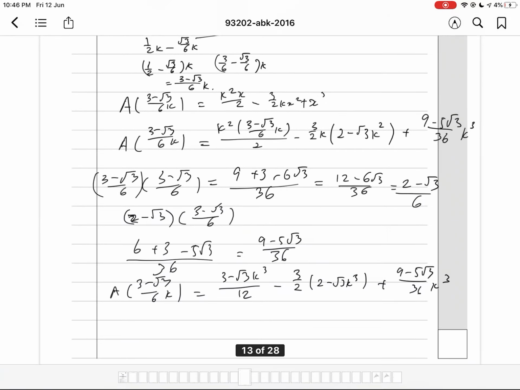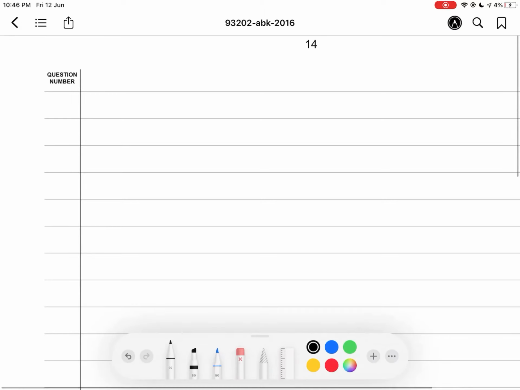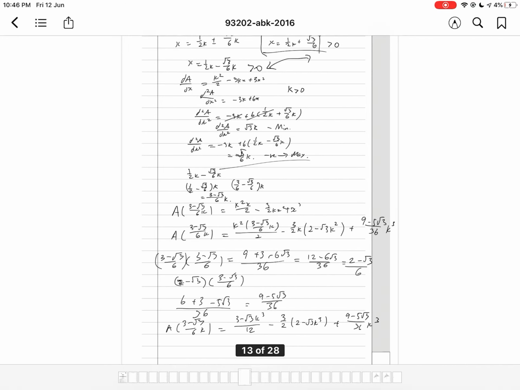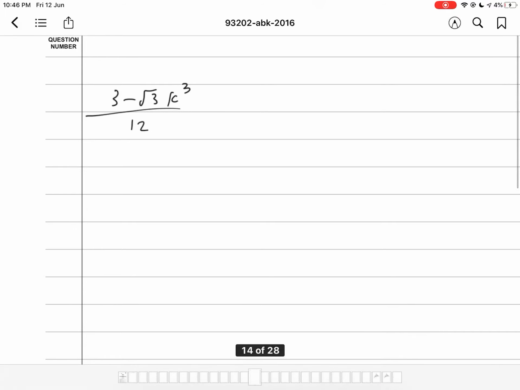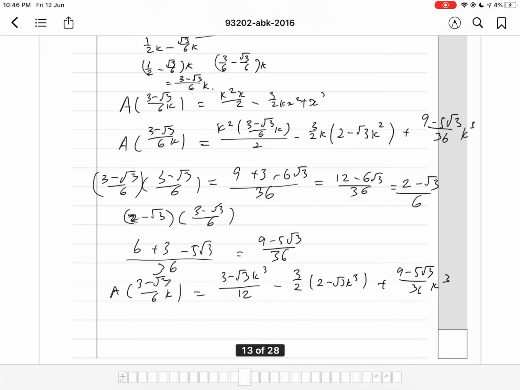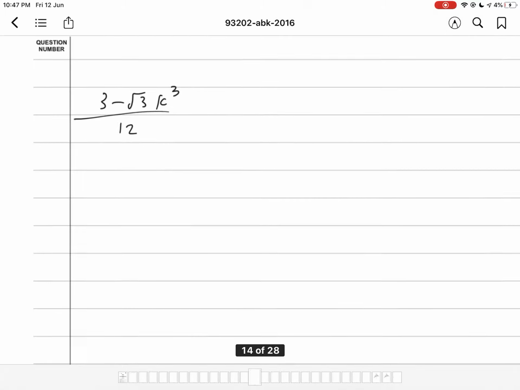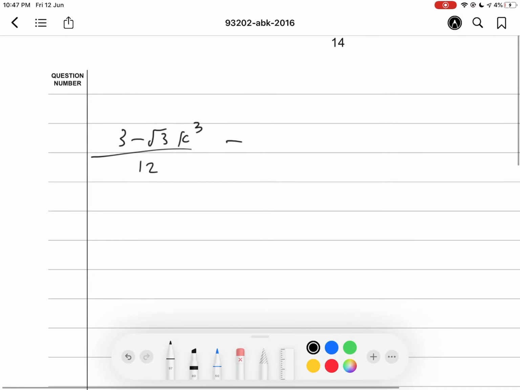Alright, so we can simplify this even further. So 3 minus 3 root 3 k cubed divided by 12, and we had 3 over 2 times everything, so minus 6 minus 3 root 3, divided by 2.